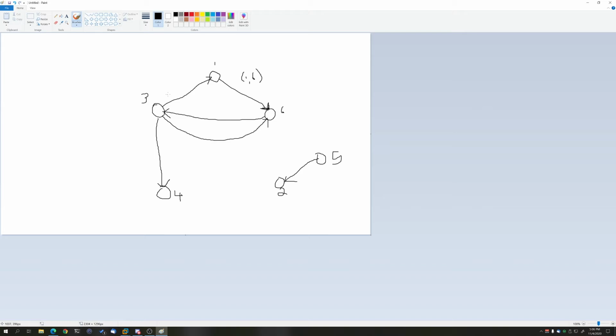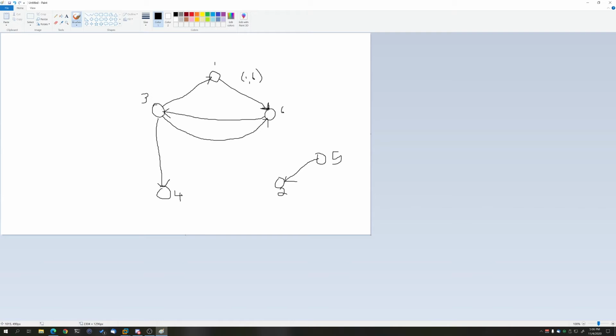So that's an out degree of 3. However, our in degree, which is the number of arcs that terminate there, is just 1 because there's one arrowhead pointing into that vertex. Also, if we take vertex 6, we have an in degree of 2 because there are 2 arrowheads, while there's an out degree of 1 because there's only one arc going out from it.